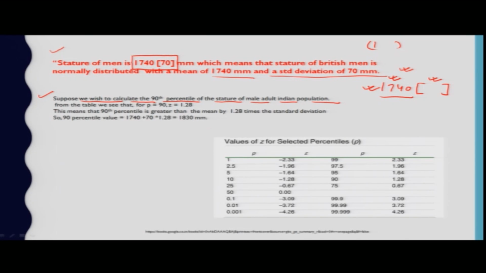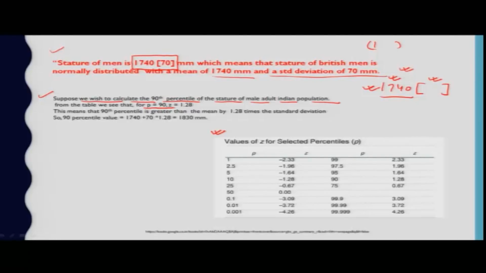I have put one table here so that the z score value can be taken immediately for our calculation. From the table we can see that corresponding to p equals 90, there is a z score value of 1.28. The formula is known, so it is very easy for us to calculate this.